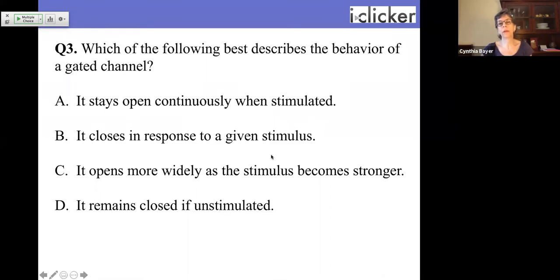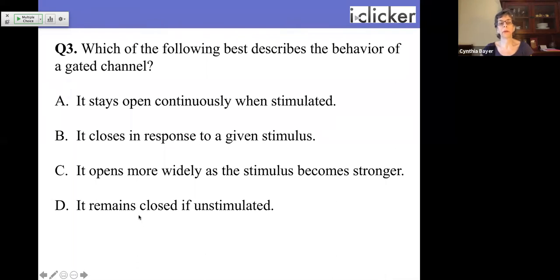And then when the stimulation is removed, such as the membrane potential changes, or in this case of the mechanically gated, the stereocilia move back up into their normal straight position, the ion channel closes again. So it's opening and closing, opening and closing. And of course, closing is important so that the ion channel can be stimulated to open again.